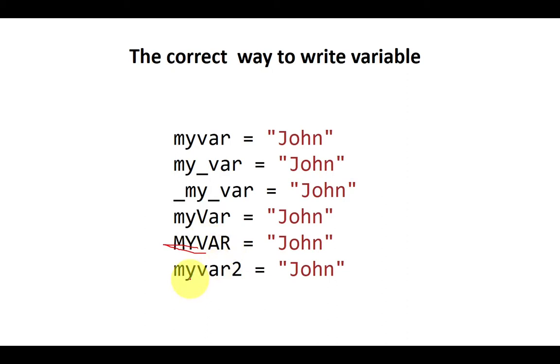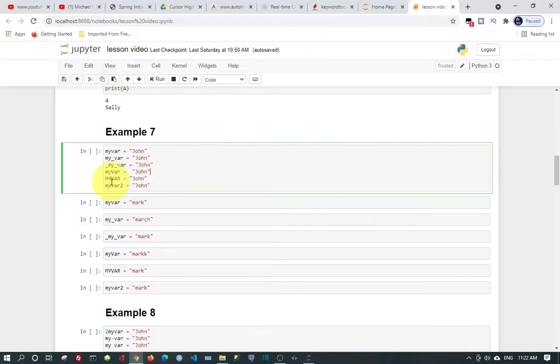If you want to have a number in it, it has to come last. You can see myvar and a number. When you are creating a variable, these are the right ways to create one. First, we have myvar with the value John.